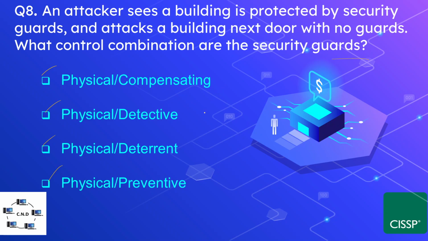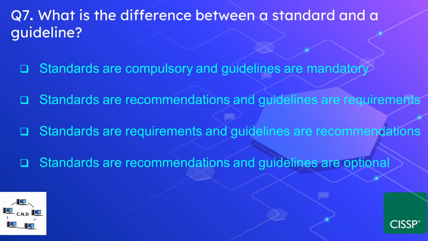And the correct option is physical and deterrent. A security guard is a physical control and it is a deterrent because the attacker does not go to the building; he is deterred by the presence of the security guard.